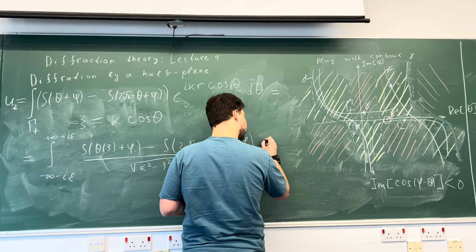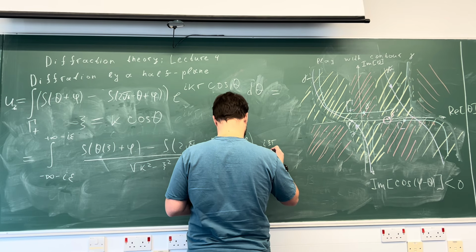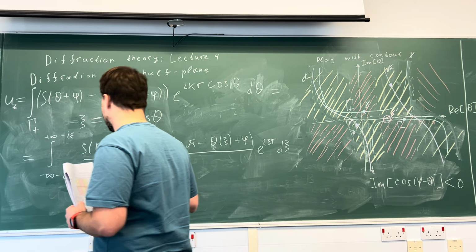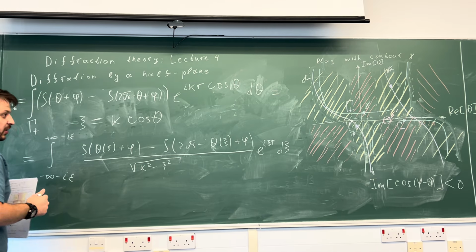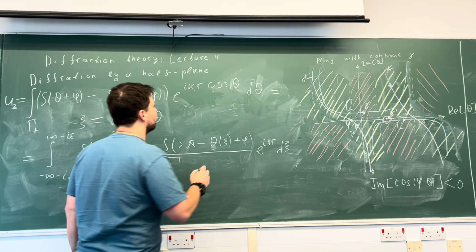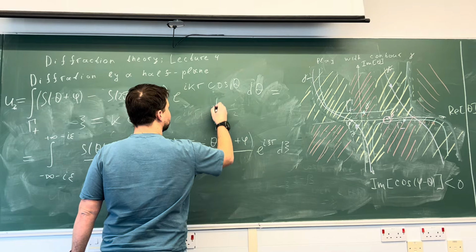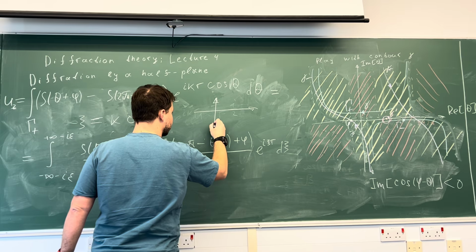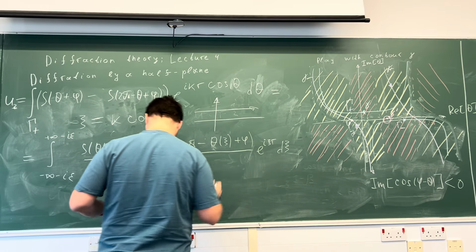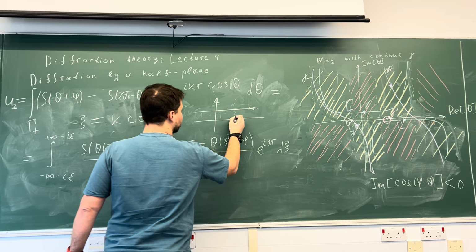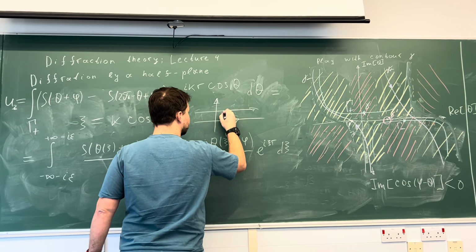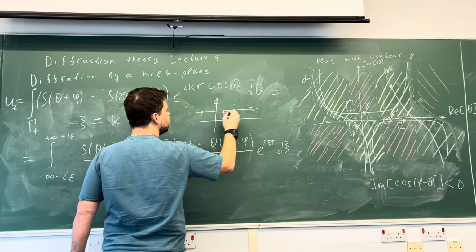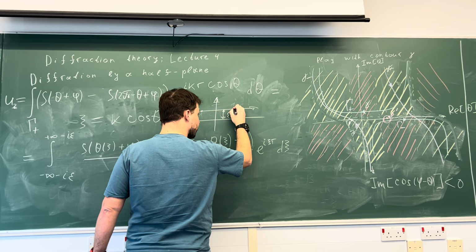But now, luckily, I have a Fourier type integral. And for this Fourier type integral, let me sketch the contour, just quickly. So my contour is a line. Yeah, I will go like this. This is my epsilon. And this is my branch point.